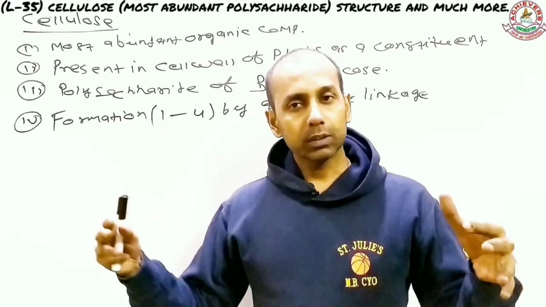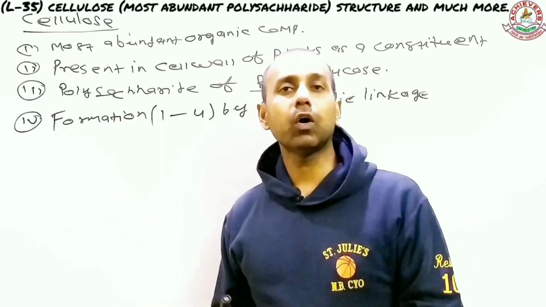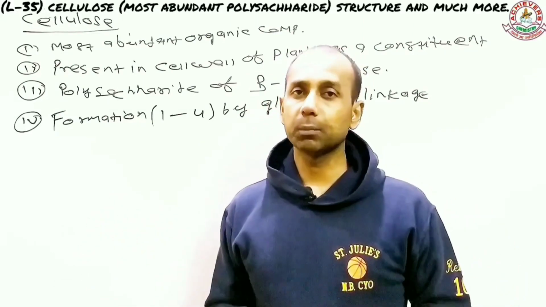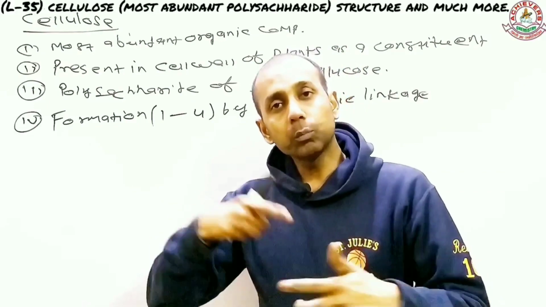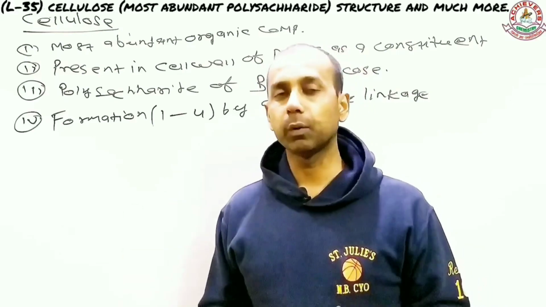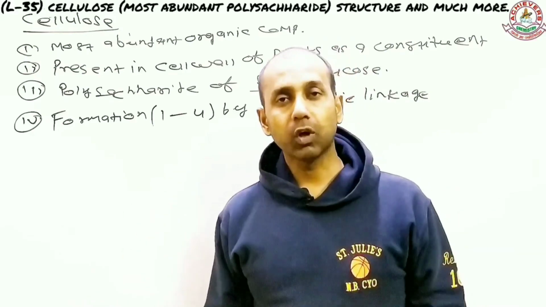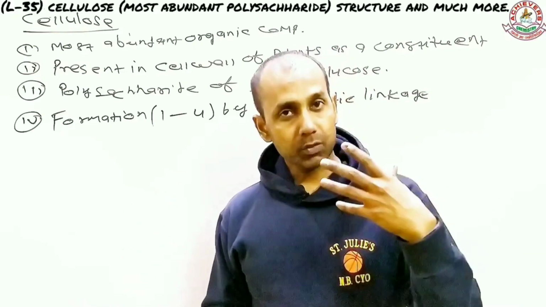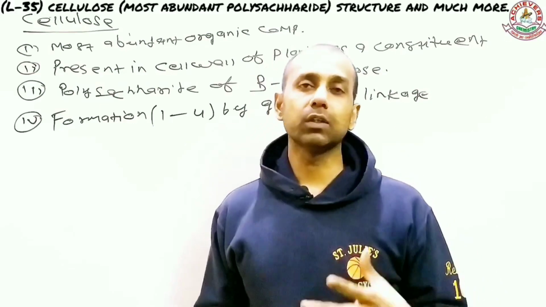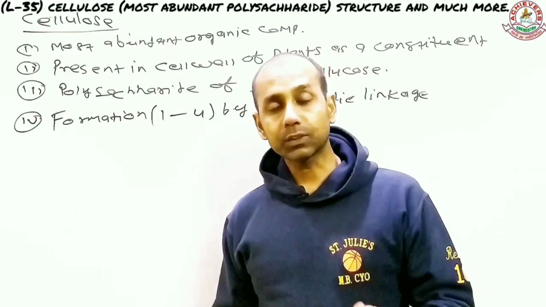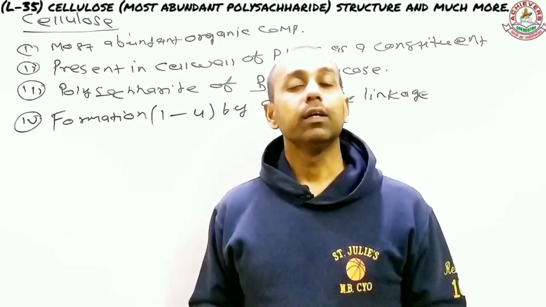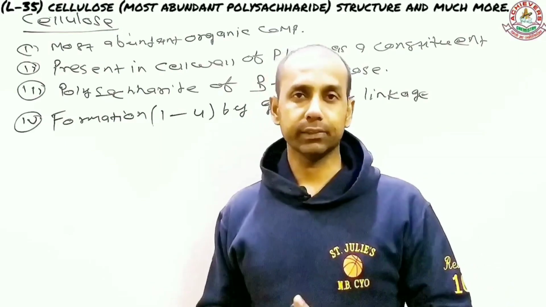That's how the first and fourth carbons of two beta-D glucose units combine to form a glycosidic linkage, and that's how a large number of bond formations result in the formation of cellulose. Like you also know, this bond formation involves the removal of a water molecule, and that's why this process can again be called dehydration synthesis.